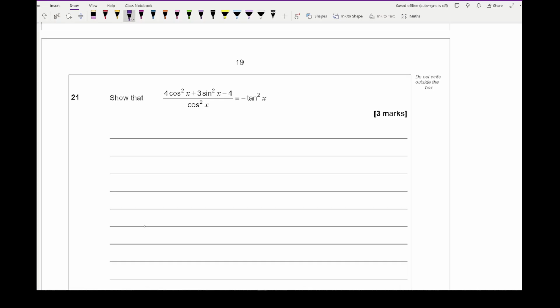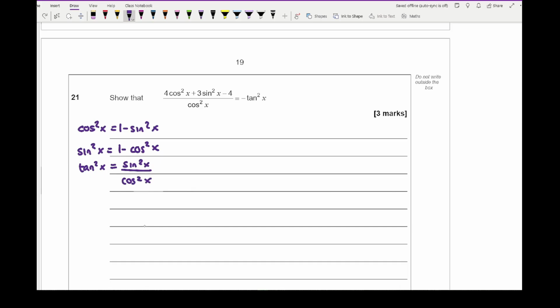We know that cos squared x equals 1 minus sin squared x. We've got sin squared x equals 1 minus cos squared x, and we know that tan squared x is equal to sin squared x over cos squared x. So this is what we know.